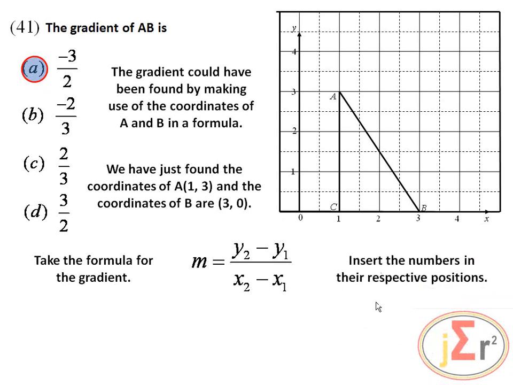So insert the numbers in their respective positions. So what do we know? We have 0 minus 3, that means we are beginning here. So we say 0 minus 3. We also need to begin here and say 3 minus 1.